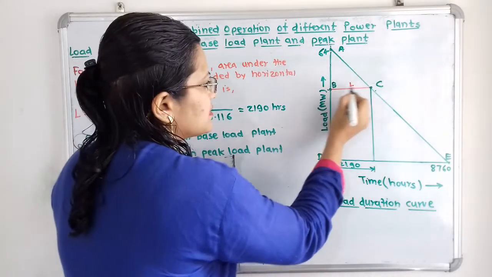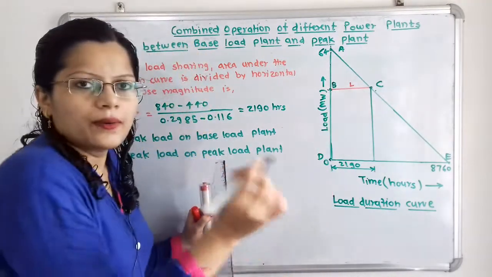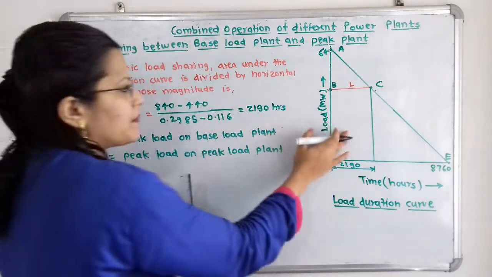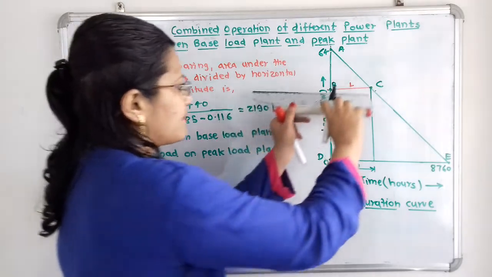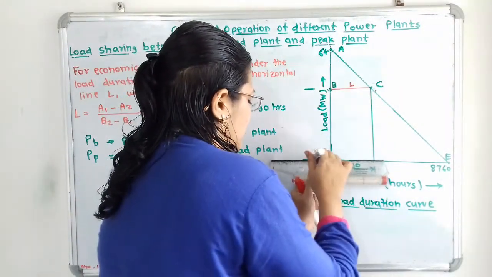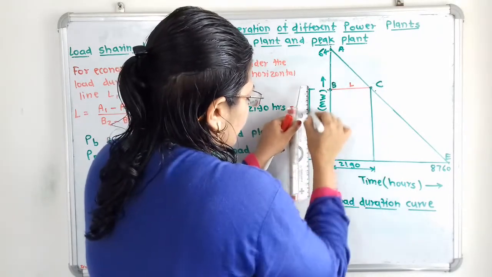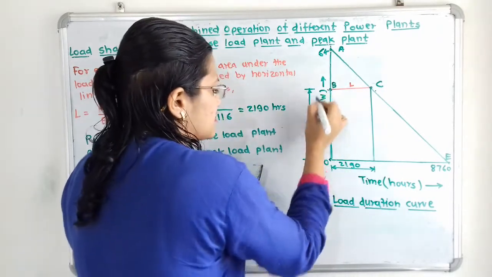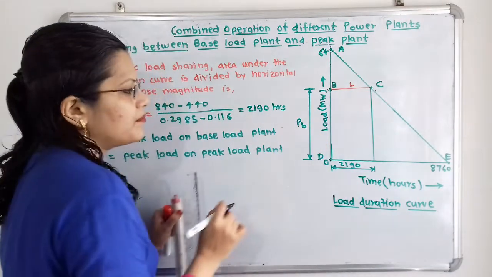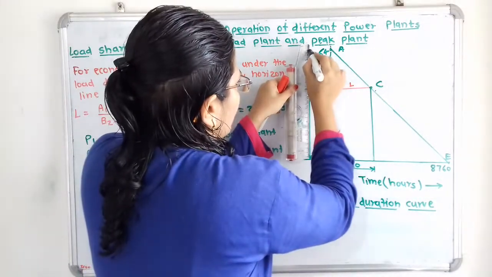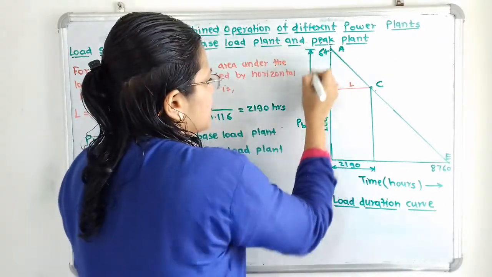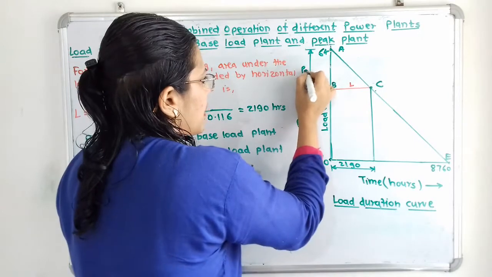Because this is the horizontal line, and because of this line there is the economic load sharing between base load and peak load plant. So I will show here this vertical line distance, that is nothing but PB, the peak load on base load plant, and above that this is nothing but PP, the peak load on peak load plant.